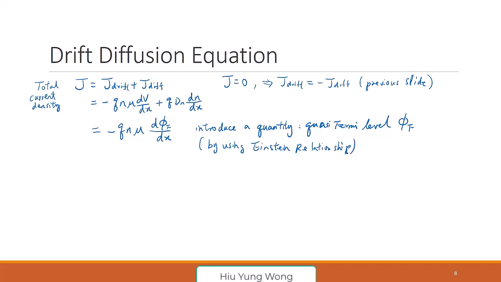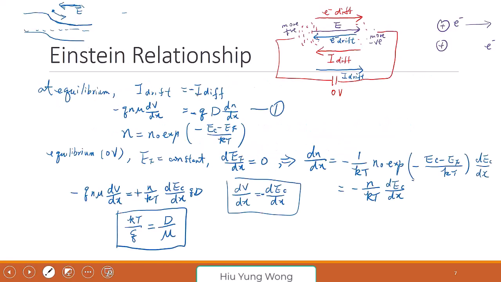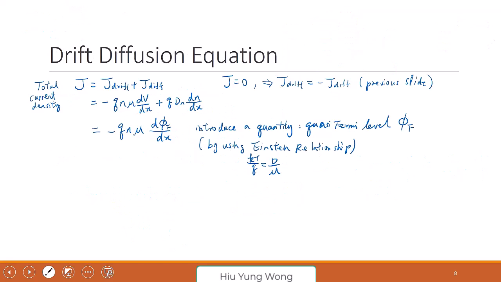You see that D disappears here, the D is no longer here, because we use the Einstein relationship. And then we just use this equation, n equals this one. We do the differentiation, we get the kT over q. You plug in, then you are able to take the whole thing out.